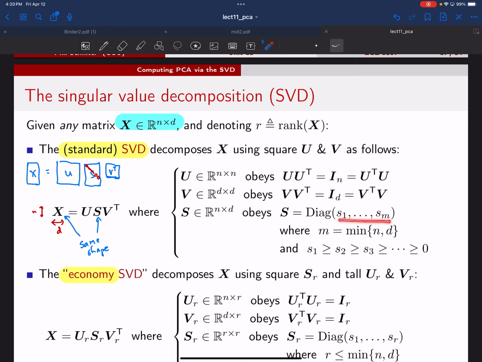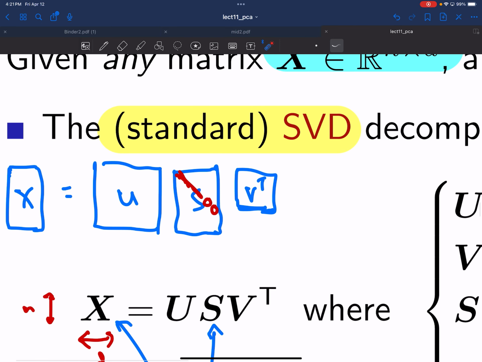These are called the singular values. They are sorted from big to small. So if you're going to have any zeros, they're going to appear at the end here. You may or may not have them. It just depends on the rank of this matrix. If this matrix is rank little r, then you will have little r non-zero singular values, and the rest will be 0.